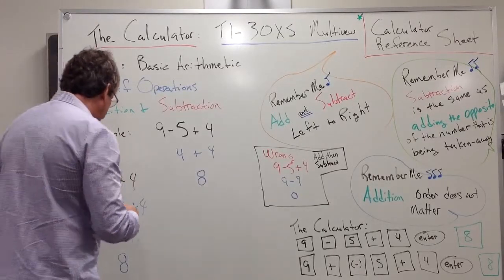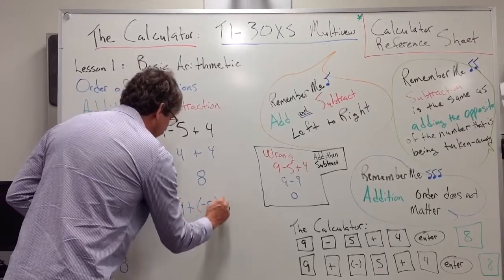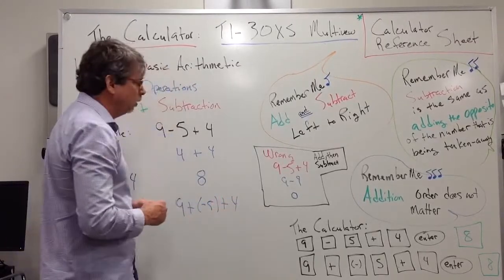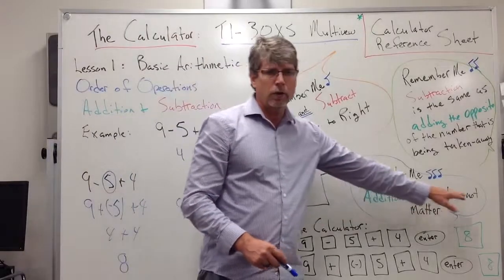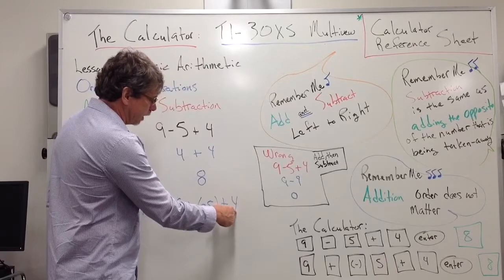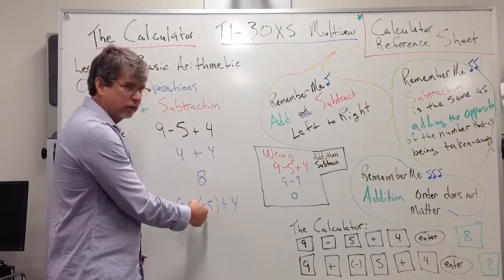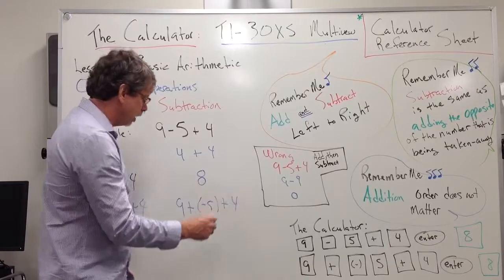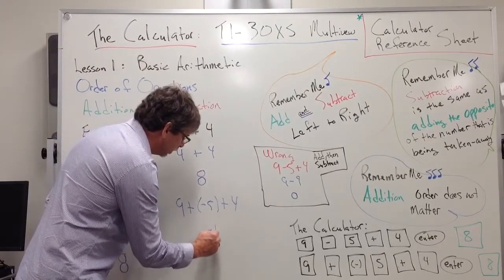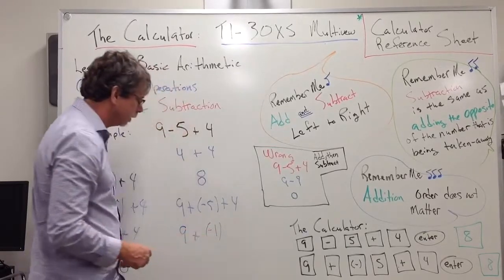What we're also allowed to do in this problem, if I rewrite 9 plus negative 5 plus 4, as I said, we're allowed to add in any order that we want. So if I wanted to, I could have started over here with the 4. I said, hey, I've got $4, but I owe $5. Well, that means I'm going to be in the hole, or in debt $1. So what comes down then is a negative 1, and I have 9 plus this negative 1.